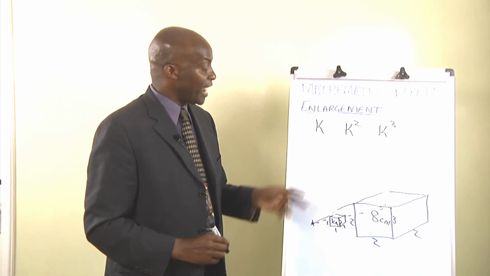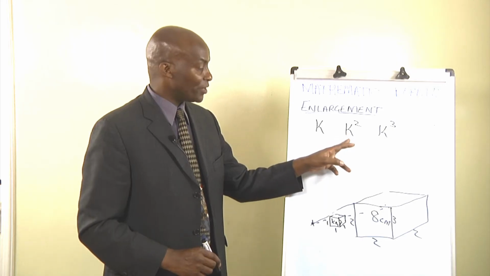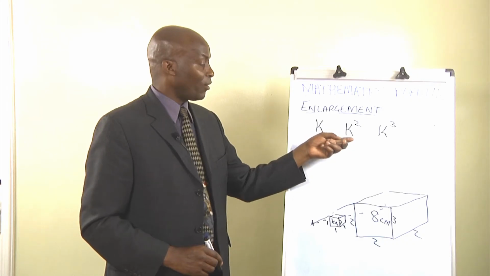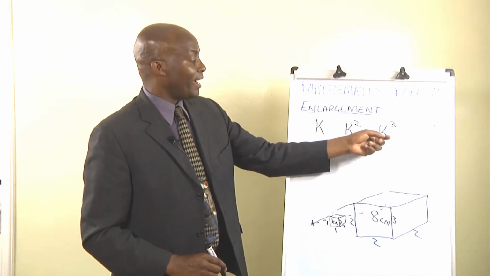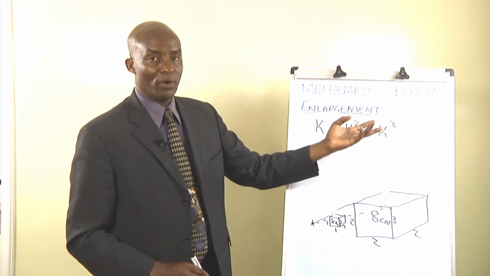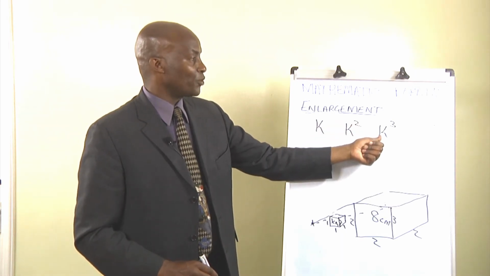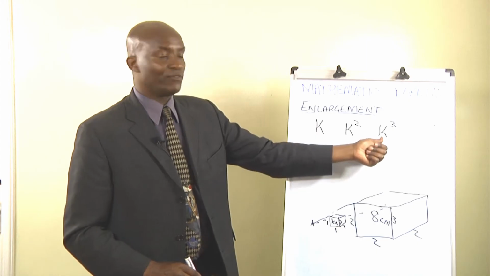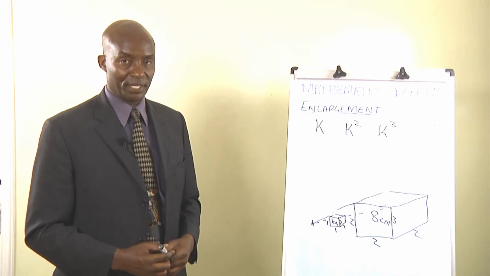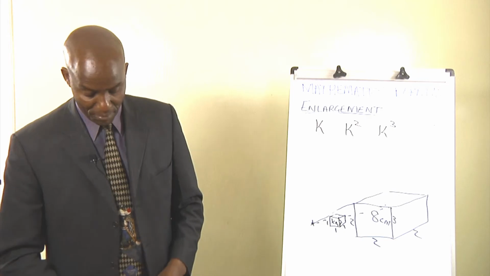So when you enlarge by scale factor K, if it is a square or a triangle, its area will be the square of the first one, of the object triangle. If it was a three-dimensional object, like a cube or a pyramid, when you enlarge it by a scale factor of K, the volume will be enlarged by a scale factor K cubed. And that is very, very important to note and to remember.